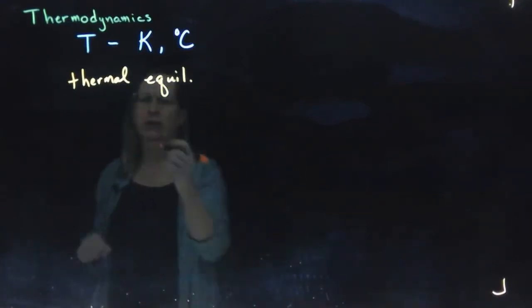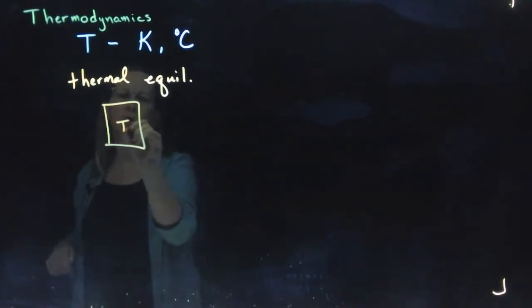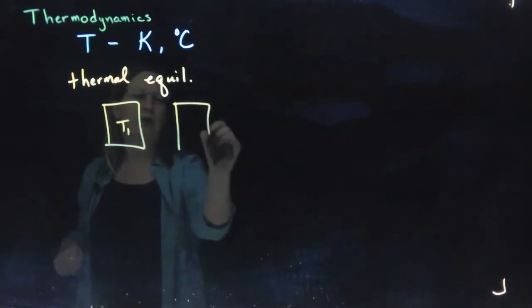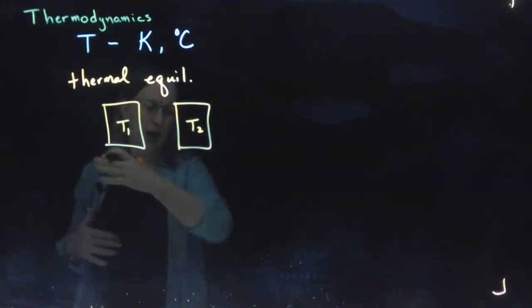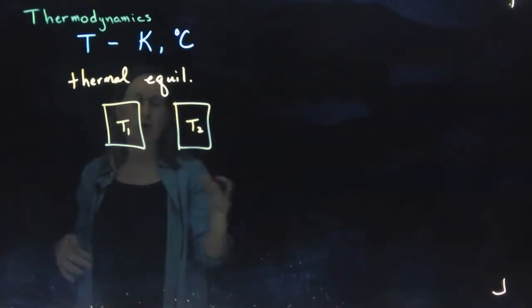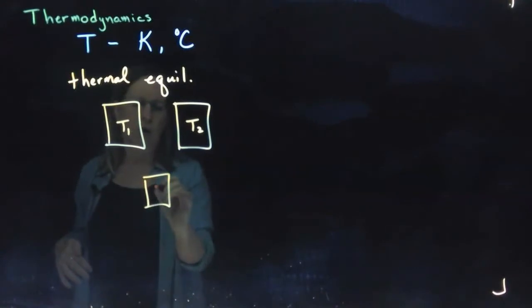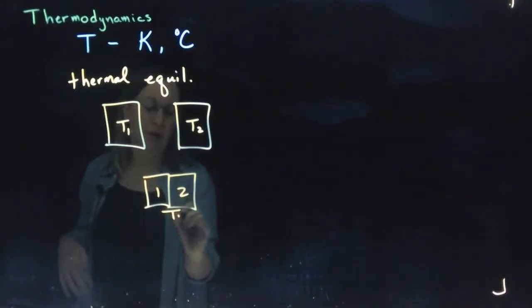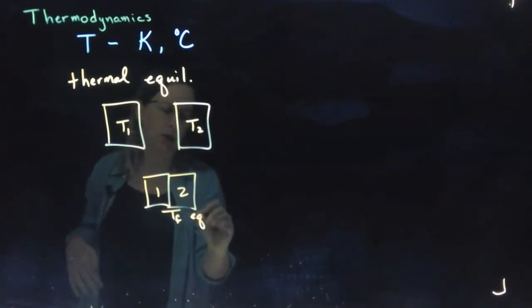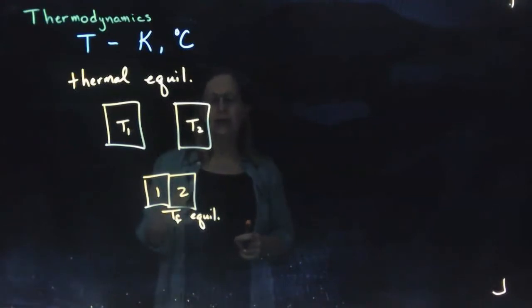This transfer that happens between two objects due to a difference in temperature: if I have something at temperature 1 and something else at a second temperature, and we bring them together so that the temperatures by the end, here's 1 and 2, come to some T final where they're in equilibrium, then this exchange of energy is called heat.